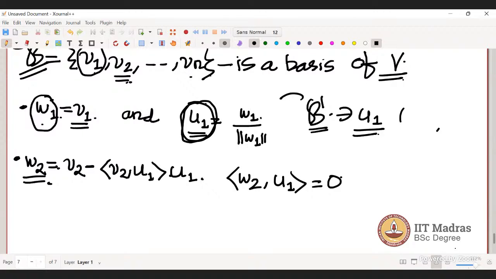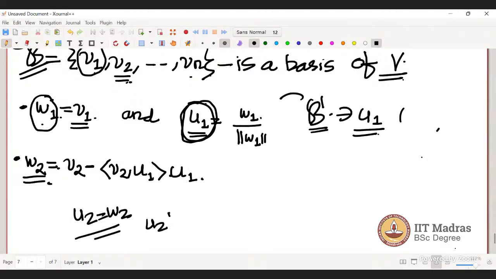Yes, sir. But we want one more condition: certainly we cannot take U2 as W2. Certainly U2 is perpendicular to U1, but we don't know whether the norm of W2 is 1 or not.